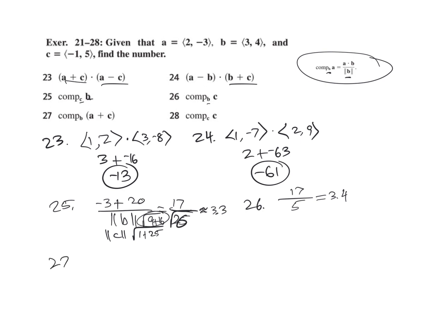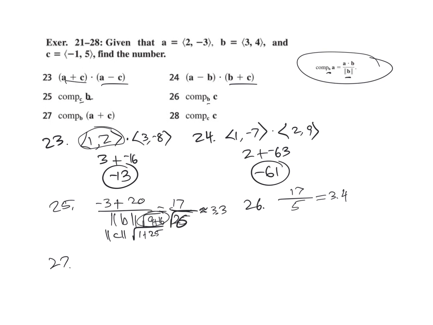All right, 27. So the component of a plus c onto b. So a plus c is 1, 2. That was what we did on number 23. So that would be a plus c. So now we need the dot product of that and b.